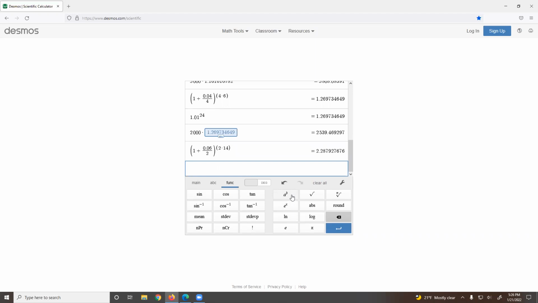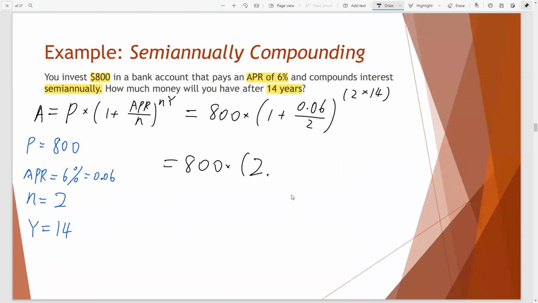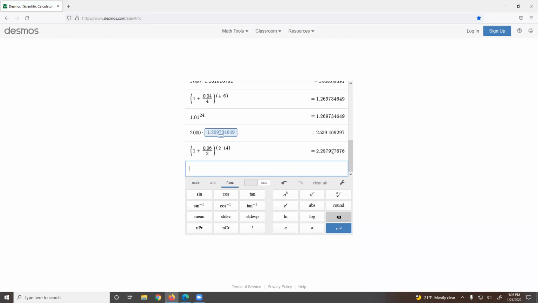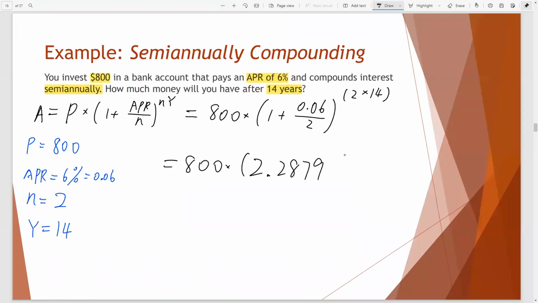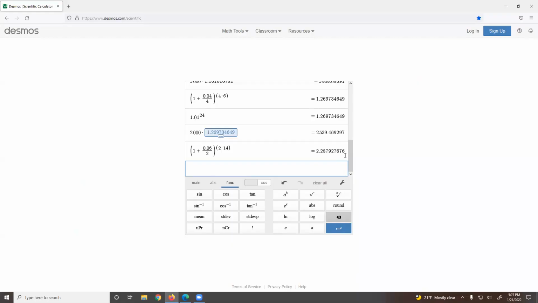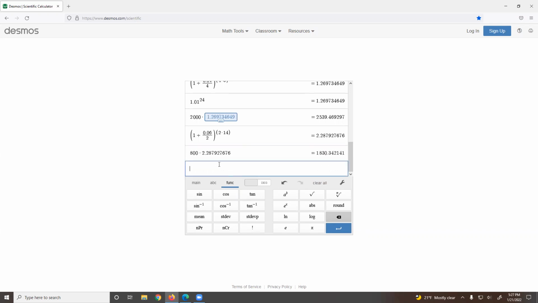That's 2.2879... So I multiply 800 by this number. That's 1,830.